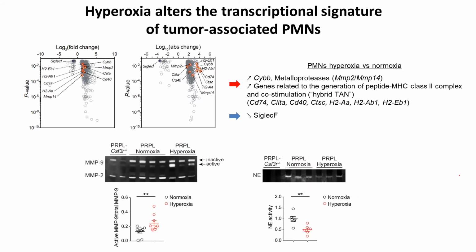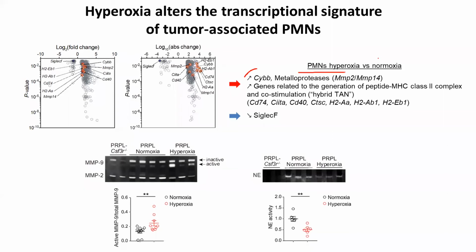Among the 423 genes differentially expressed between these conditions, we found that CYBB, encoding the GP91 phox subunit, was increased, suggesting more ROS production. We also found that MMP2 and MMP14 metalloproteases, which are known activators of MMP9, were also upregulated.